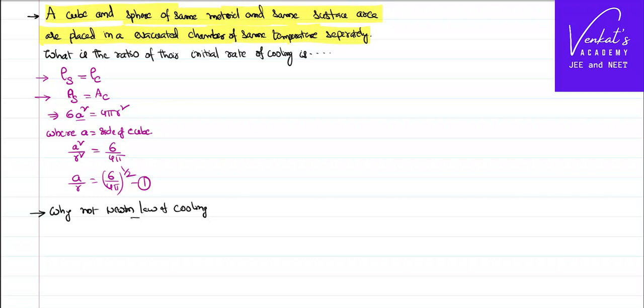Newton's law of cooling is used when the temperature difference between the body and surroundings is small. If it is large, then we shall use Stefan's law. Here, as it is not given that they are close to each other, we assume the temperature difference is large, so we'll apply Stefan's law.